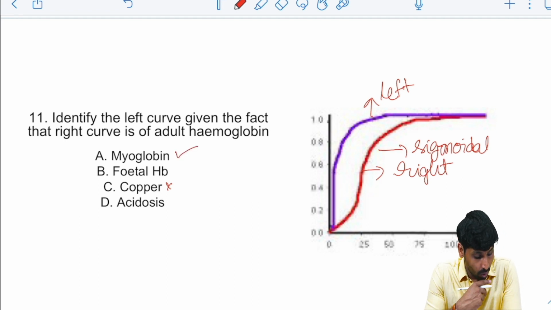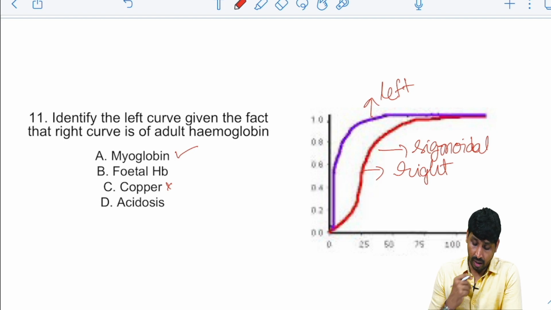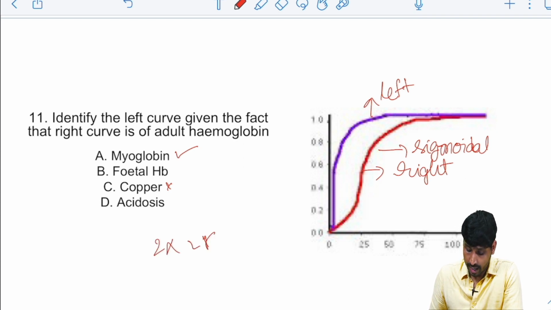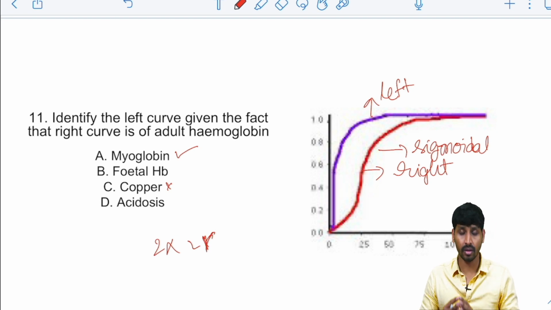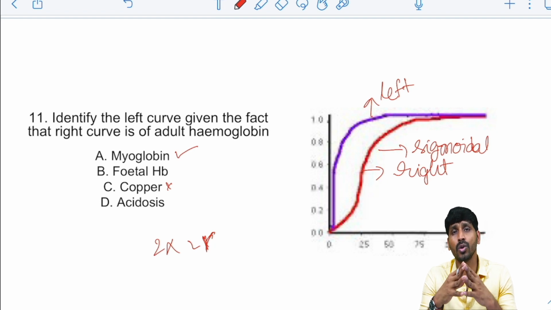Why? Adult hemoglobin contains beta chains, but fetal hemoglobin contains 2 alpha and 2 gamma chains. The main difference: beta chains are rich in histidine and lysine, whereas gamma chains lack histidine and lysine, so they don't have much positive charge.